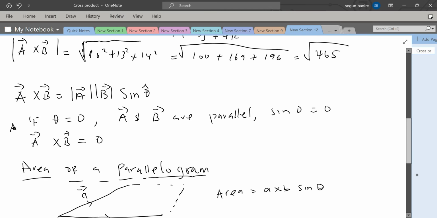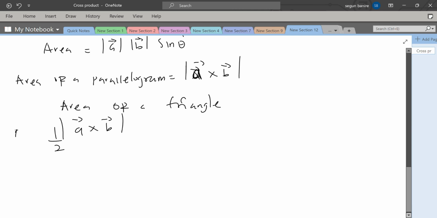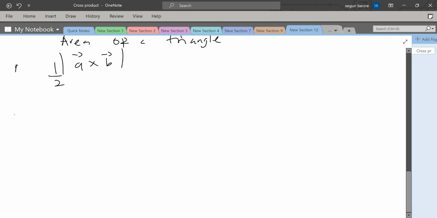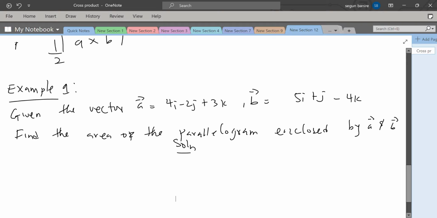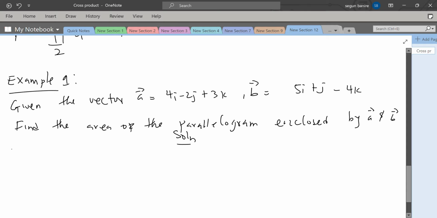What else? Let's do an example. It's very simple. What do we do? I've said that the area will be equal to the magnitude of the cross product of A and B. So let's find the cross product.